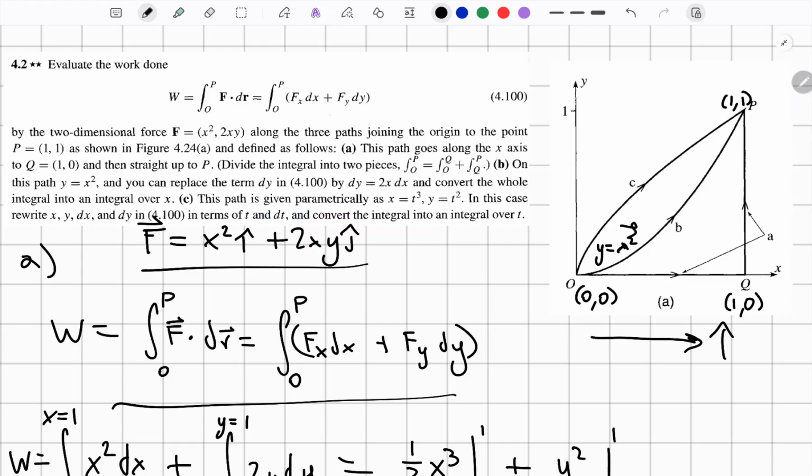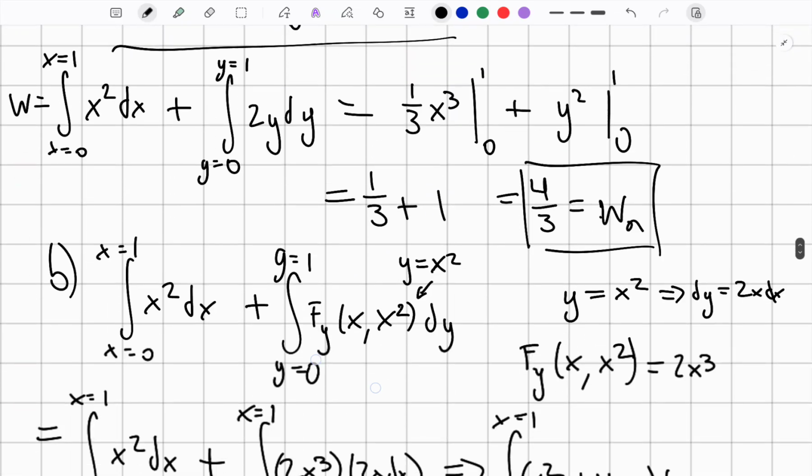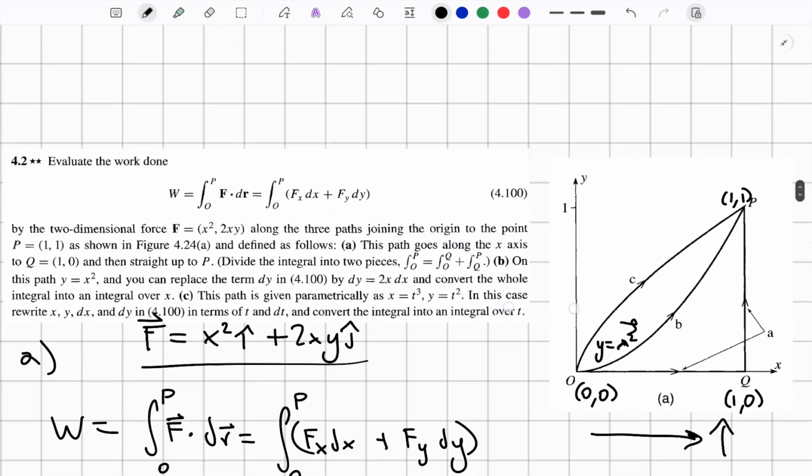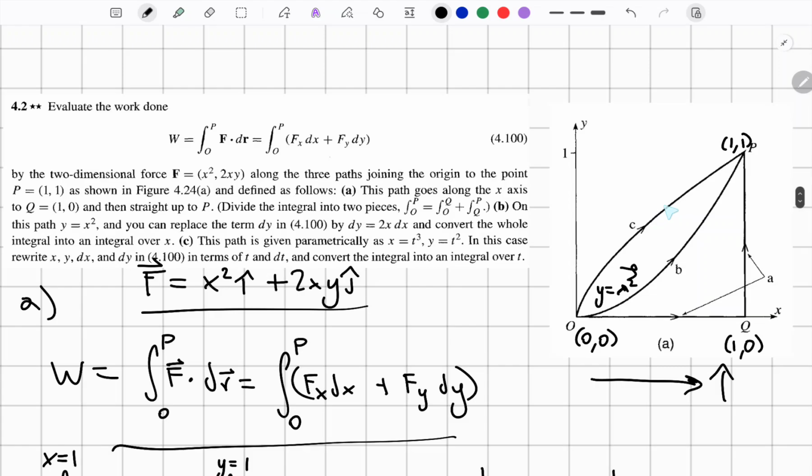This has parameterized x and y. So we're given path C, which is represented here by this curvature. We're still traveling from O to P, so it's the same endpoint, same starting point, just traveling along a different path. So with the force being non-conservative in this case, the force is producing different values of work.